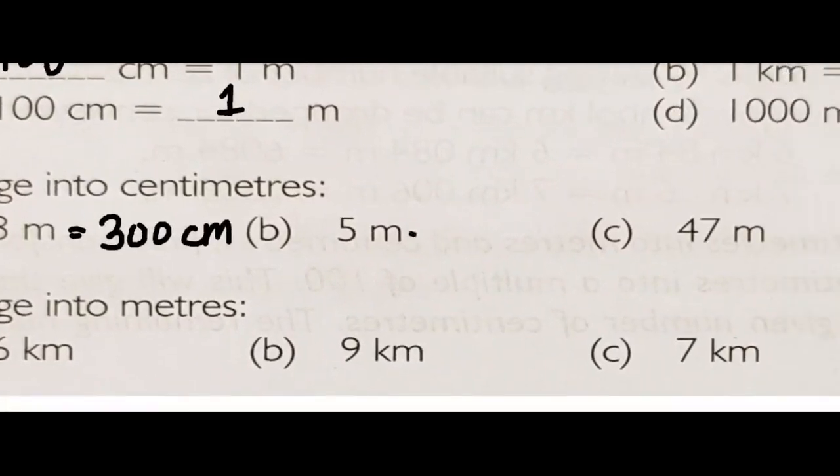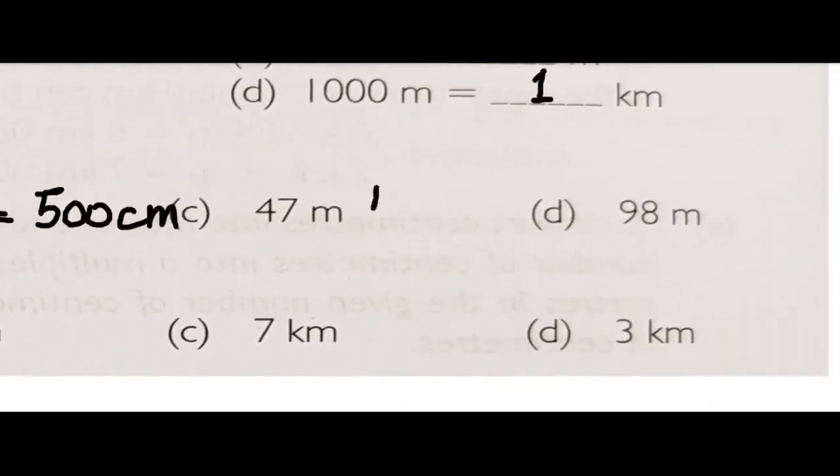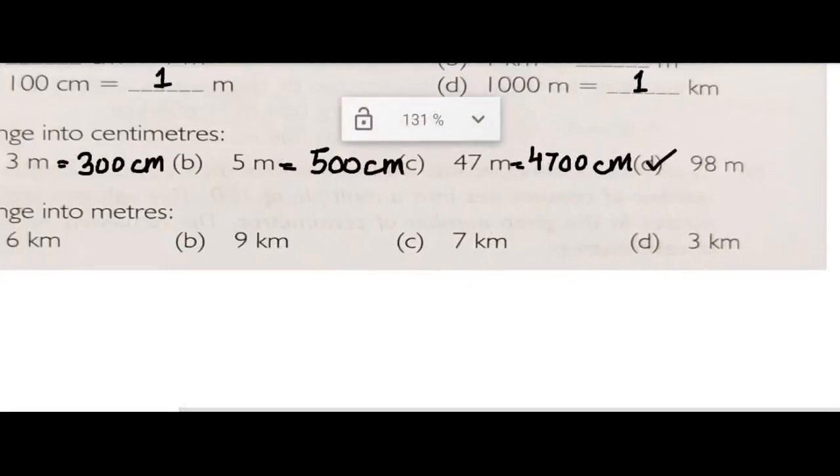So 3 meter equals 300. In the same way, 5 meter equals 500 centimeter. Now 47 meter. 47 meter equals, you will write 47 and you will add 2 zeros. Yes, so 47 meter equals 4700 centimeter. D, you can do it yourself.